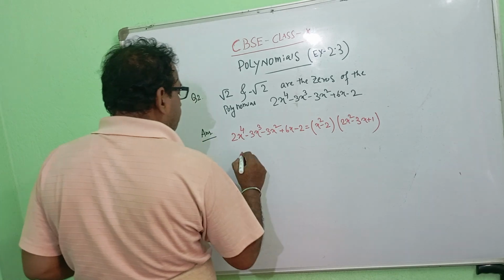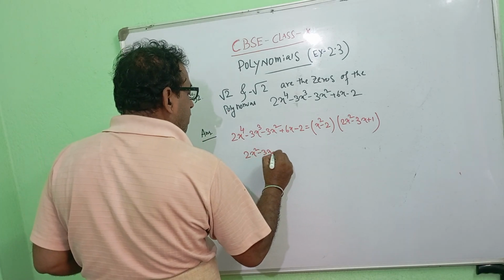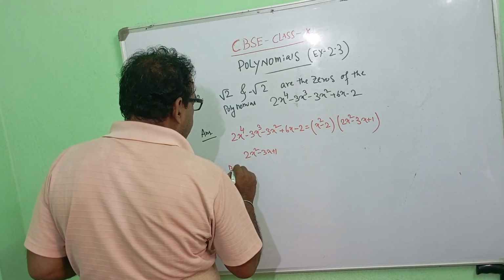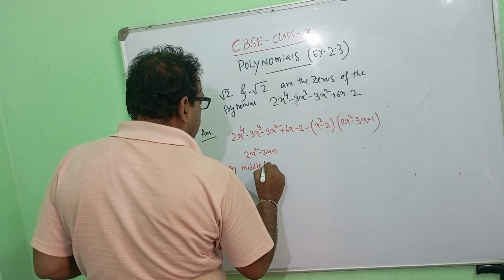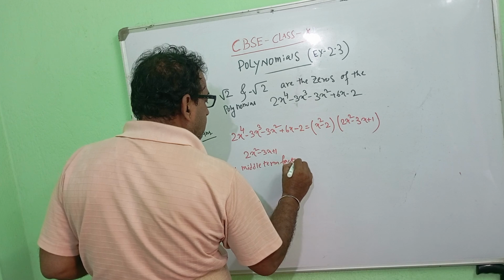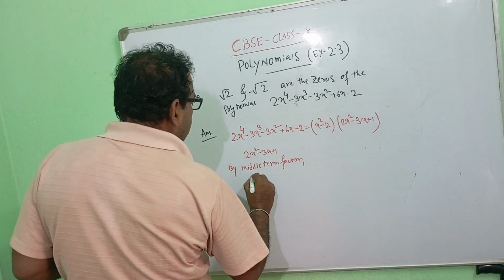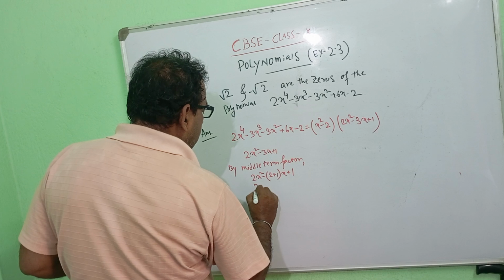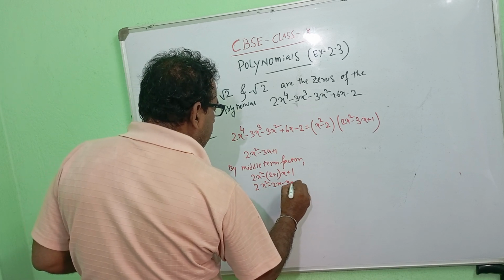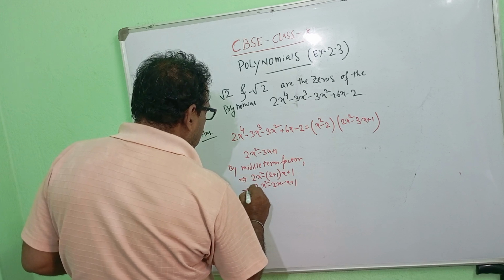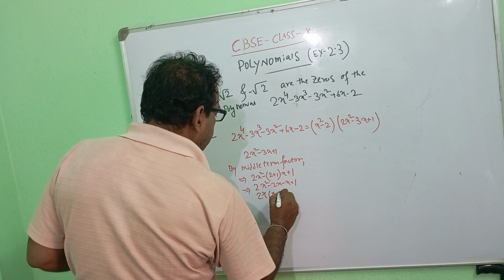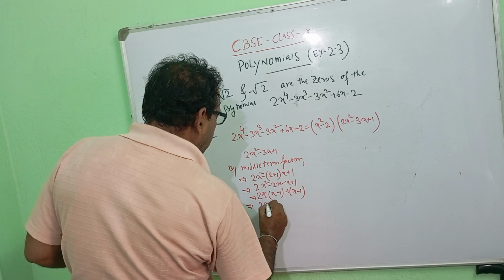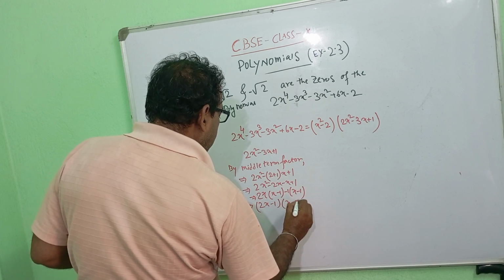Now what happened? 2x square minus 3x plus 1, by the middle term: that is 2x square minus 2x minus x plus 1, 2x common, x minus 1, that is x minus 1.